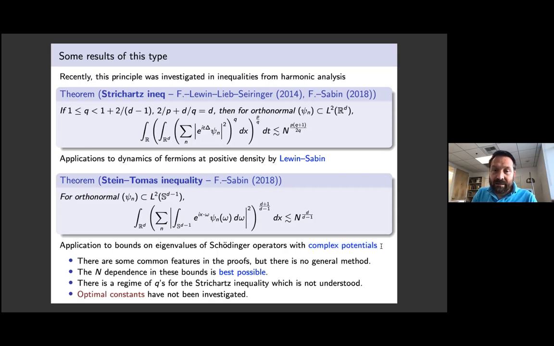And so then you need different techniques to bound eigenvalues. And these inequalities that we got out of these Stein-Thomas inequalities for orthonormal functions and its generalizations lead to the best currently known results about Schrodinger operators with complex potentials on the accumulation of eigenvalues at the positive real line.